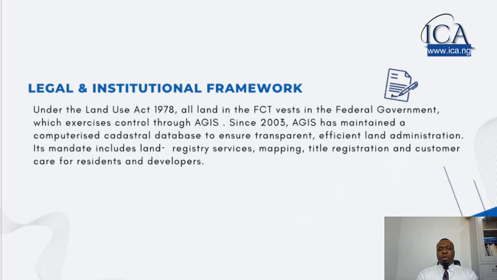Since 2003, AGIS has maintained a computerized cadastral database to ensure transparent, efficient land administration. Its mandates include land registry services, mapping, title registration, and customer care for residents and developers.